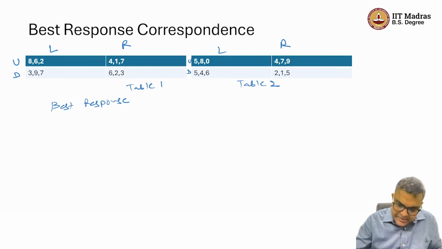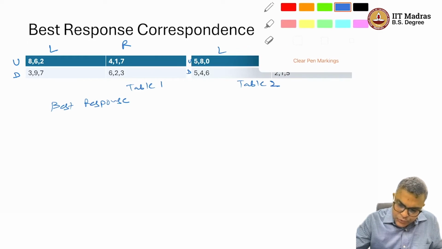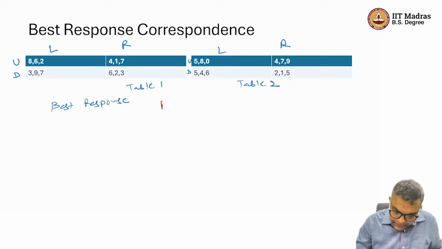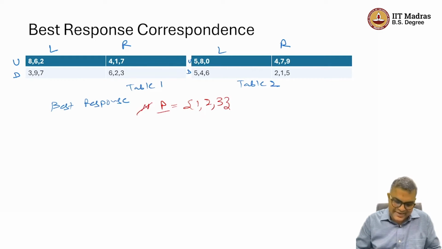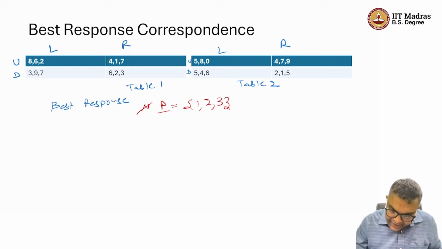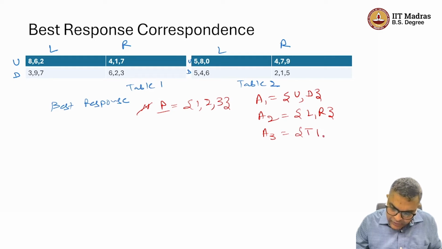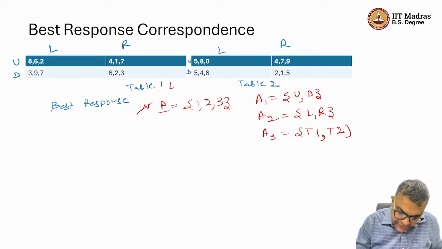There are 3 players, let us say player 1, 2 and 3. The list of players is 1, 2, 3. Sometimes it is also denoted by n, sometimes by set I, it doesn't matter. A1 is U comma D, A2 is L comma R, and A3 is table 1 or table 2, in short T1 and T2.